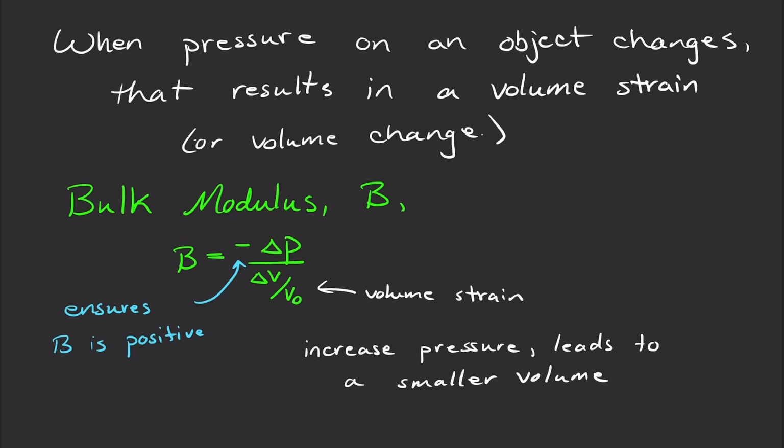Okay, so if you push harder on something and increase the pressure, you're trying to compress it and make the volume smaller. So if delta P is positive, that means delta V will be negative, and we want our bulk modulus to be a positive number that represents how difficult it is to compress an object or a material.